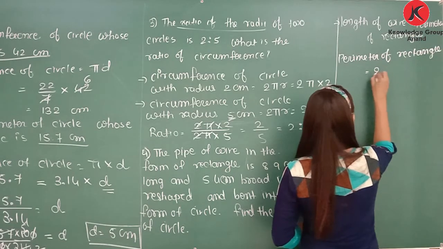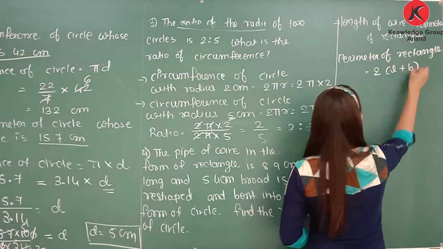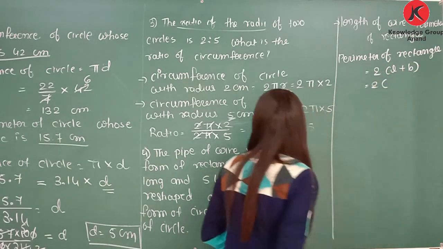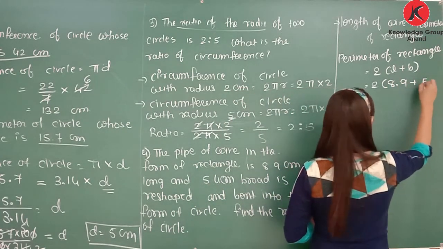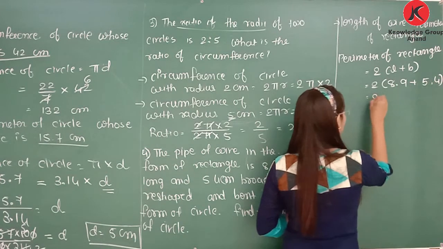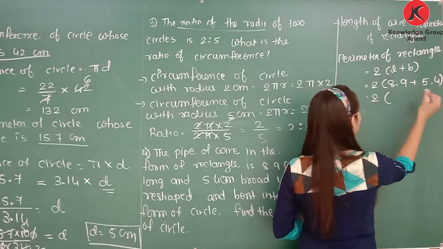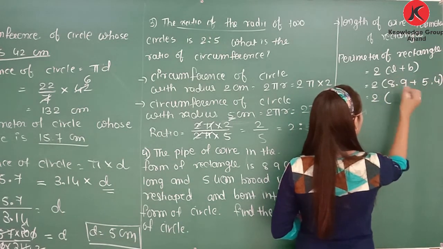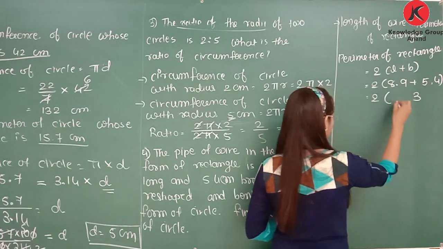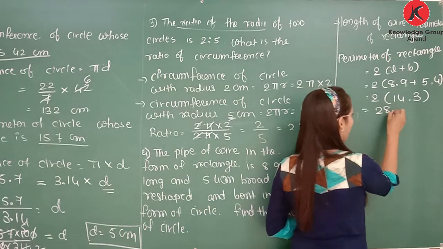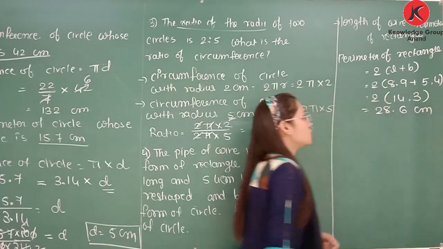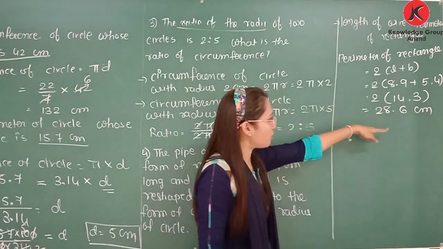That is 2 times (L plus B). Length is what? 8.9. B is what? 5.4. 2 times 14.3. So it is 28.6 centimeters. So the perimeter of the rectangle is 28.6 centimeters.